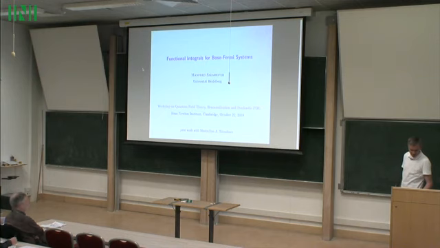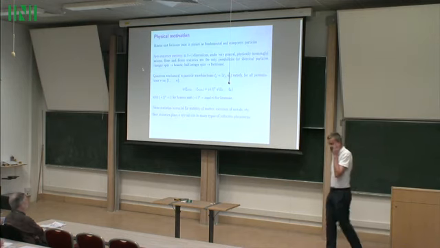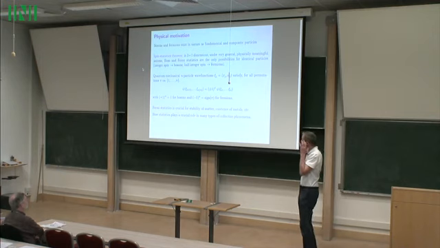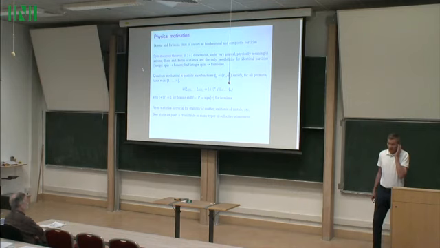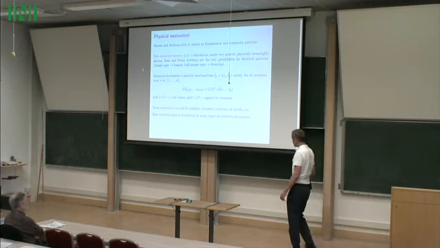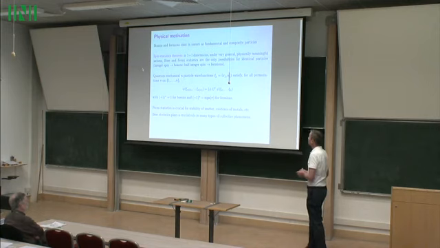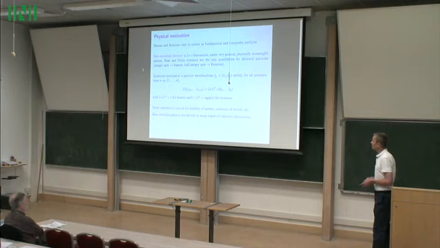So what are Bose-Fermi systems? That's the first question. There's a lot of physical motivation for this. Of course, bosons and fermions are what we are made of, and they exist in nature both on the level of fundamental particles and also composite particles.